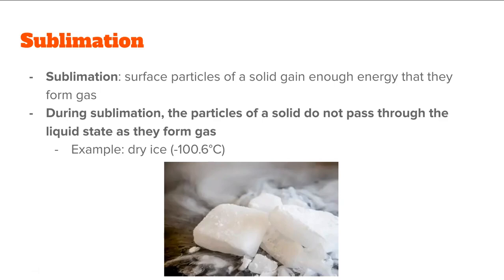If you've ever worked with dry ice, for example, the solid form is negative 100.6 degrees Celsius. So when you use dry ice, the temperature is so drastically different than 100.6 degrees Celsius that it doesn't transition into a liquid state. It goes directly into a gas state, and we call that sublimation.